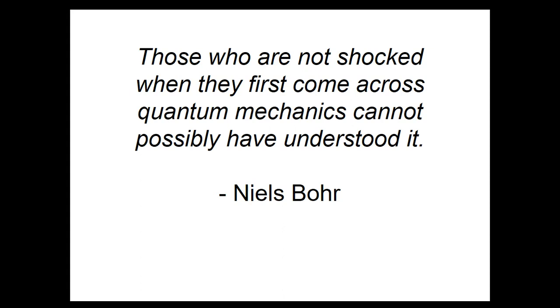He won the Nobel Prize. He was a very great scientist, but he found quantum mechanics complicated. I would say nearly anyone that encounters quantum mechanics finds it complicated. So there are going to be parts of this you're not going to completely understand, but I want you to have a basic knowledge of quantum mechanics.